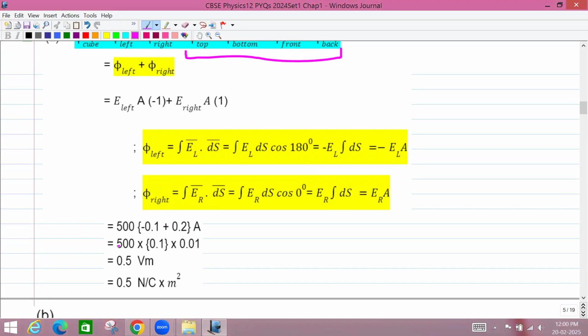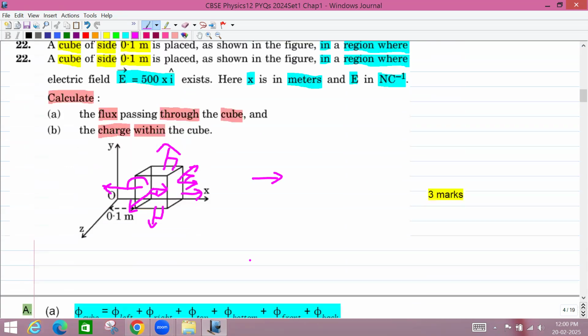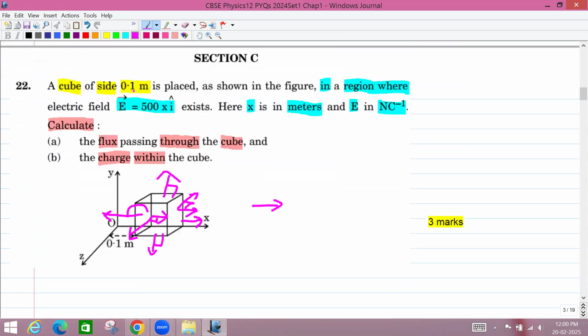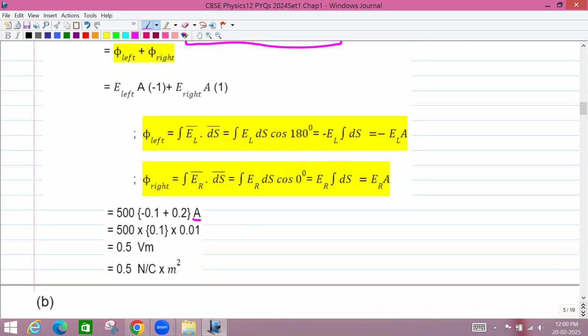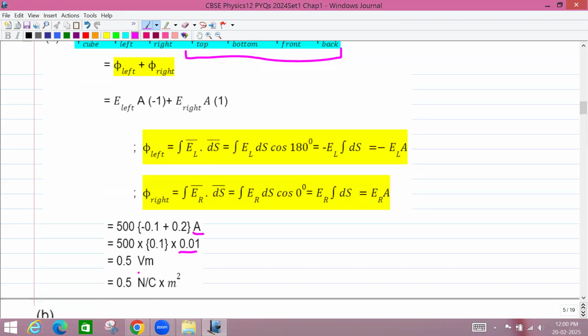On the right face, the electric field is 500 into x, which is 0.2, and it is plus. And the other factor is the area of the face. The cube side is 0.1. So the area of the face is 0.1 into 0.1, which is 0.01. So simply we get the flux as 0.5 volt-meter.